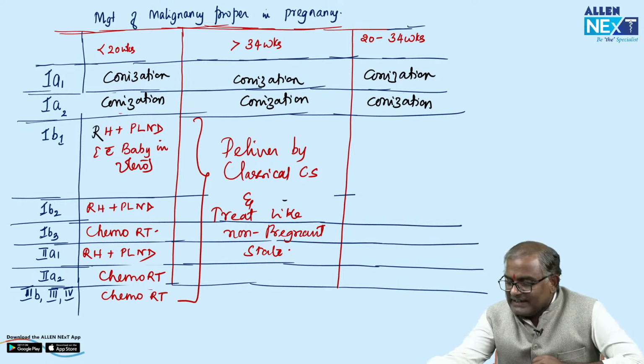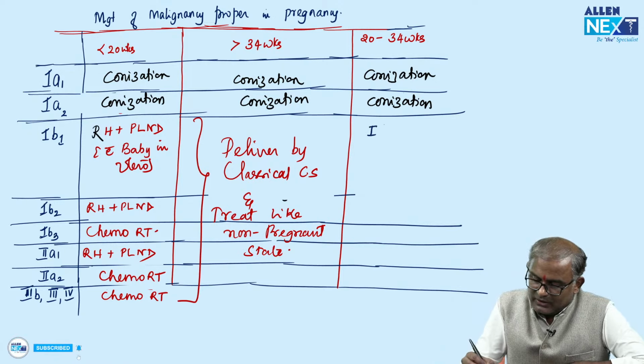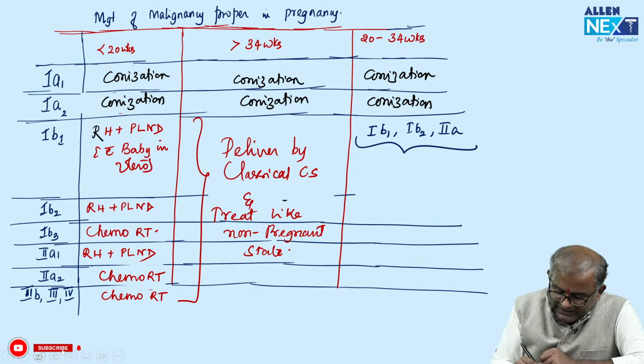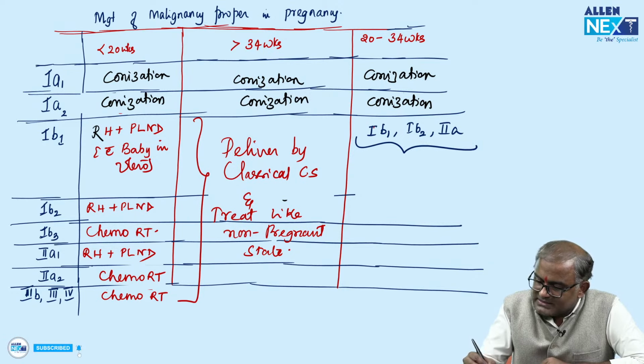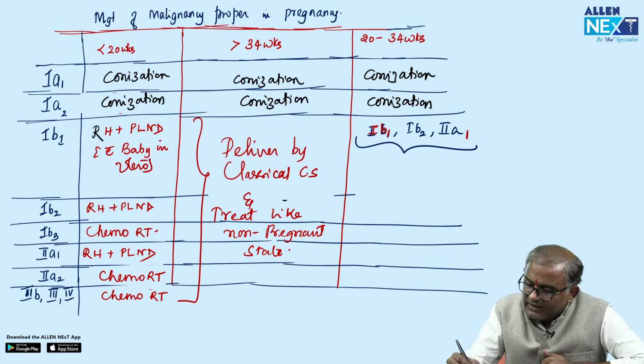Between 20 to 34 weeks, take down 1B1, 1B2 and 2A1.